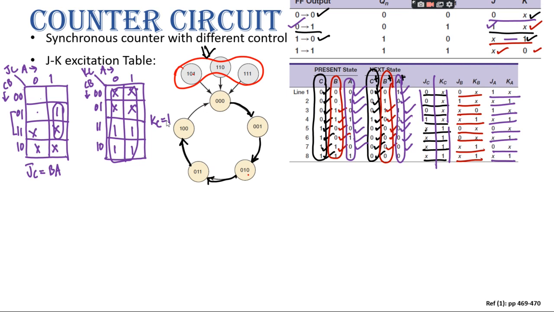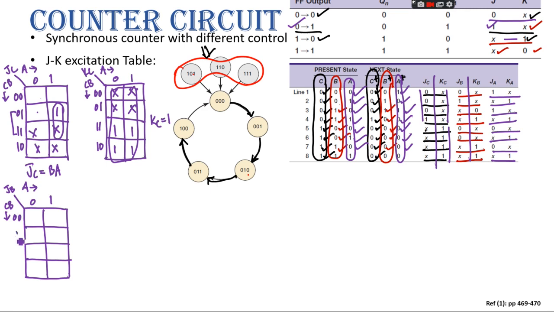So now if I want to have a K-map for JB, for JB it should be 0 1 0 1 don't care, and then 1. 0 0 don't care, then 1.